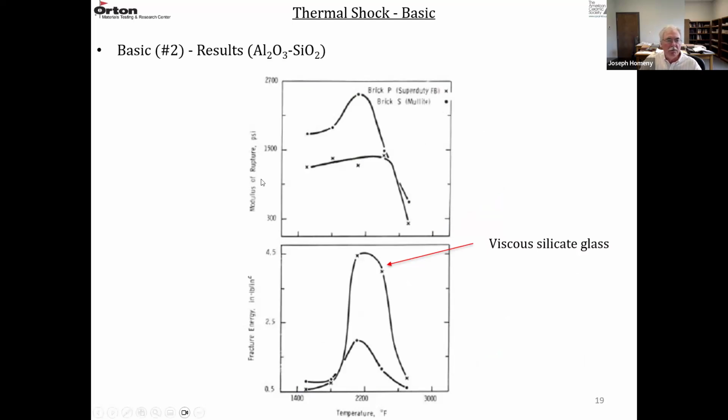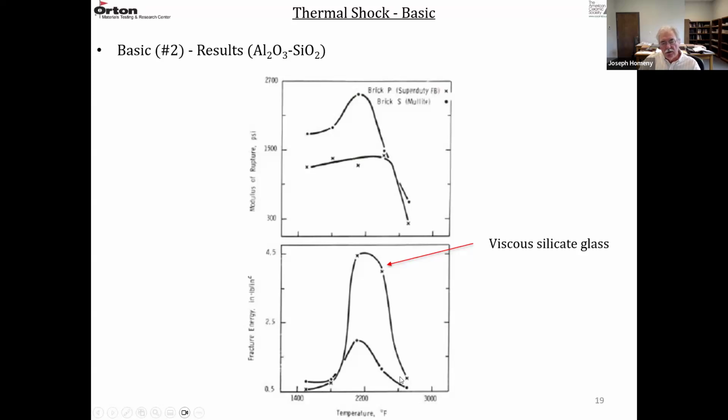So the same types of plots for the alumina silica material: MOR versus temperature, and work of fracture versus temperature. This brick is a super duty brick, and then the other one is basically a mullite material. So the mullite material is a little bit stronger, but they both fall off about 2600 degrees F in strength.